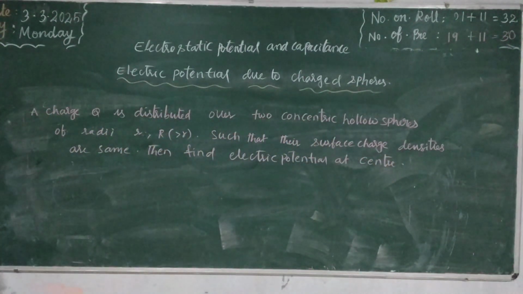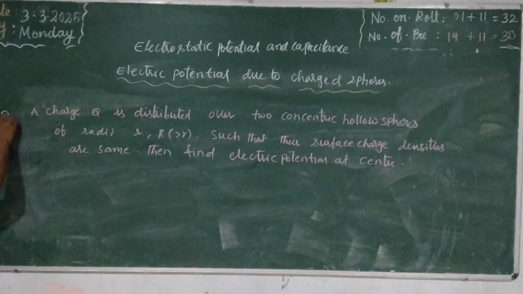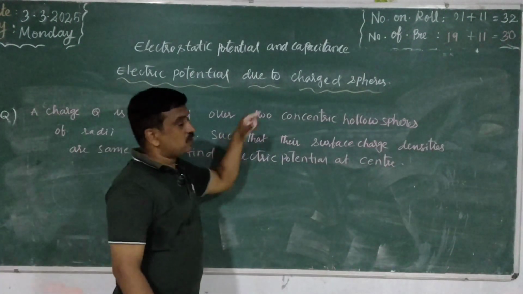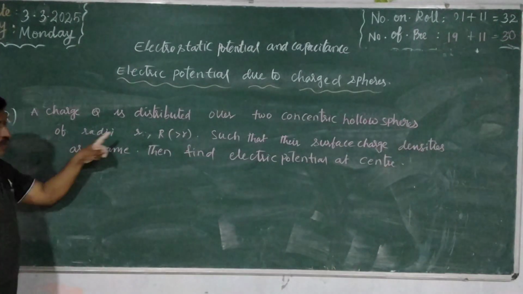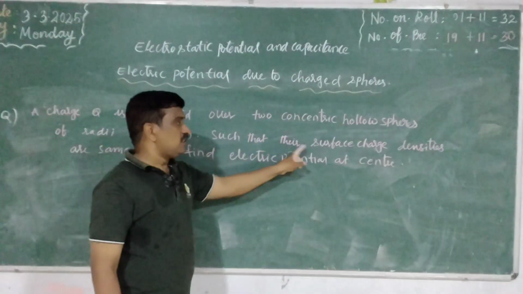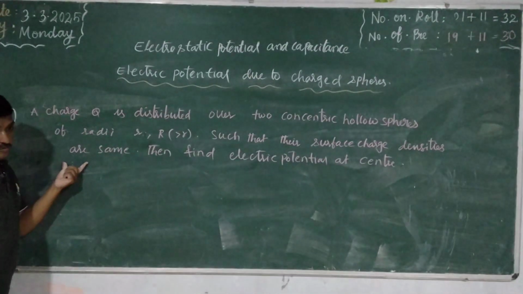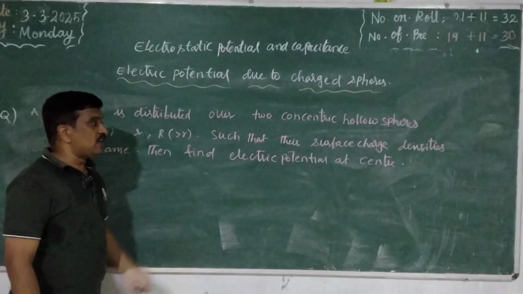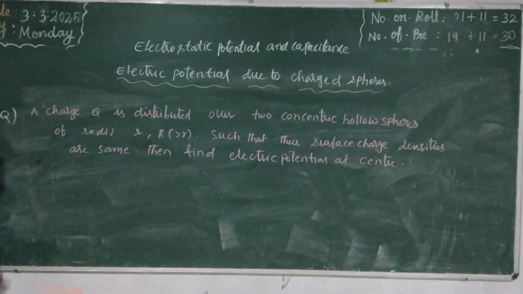So this is the problem. A charge capital Q is distributed over two concentric hollow spheres of radii small r and capital R, such that their surface charge densities are the same. One condition they give is that the surface charge densities are the same. Then find the electric potential at the center of the concentric spheres.